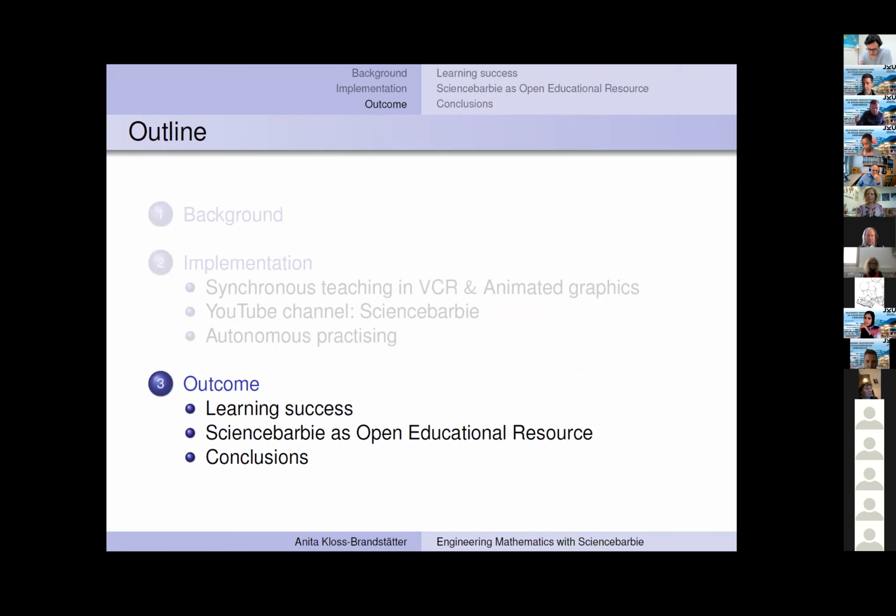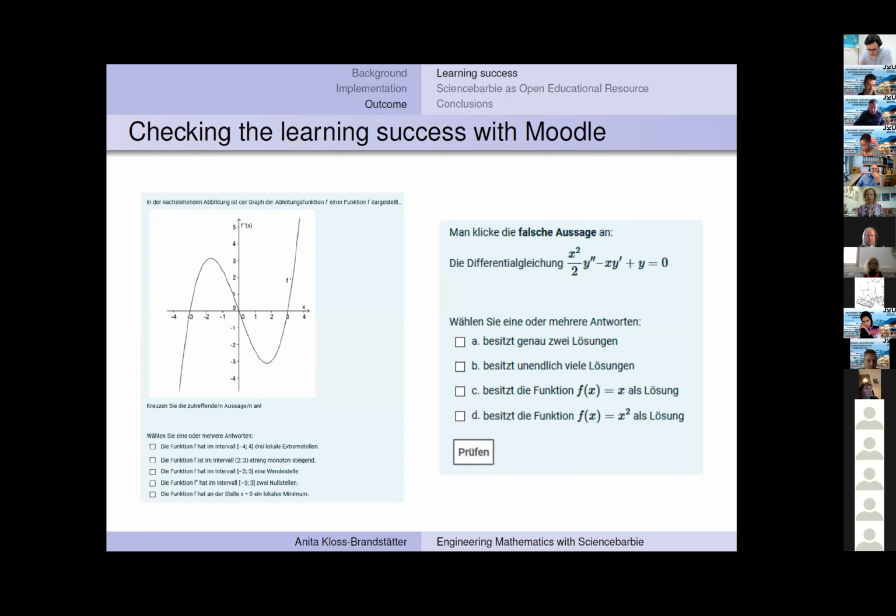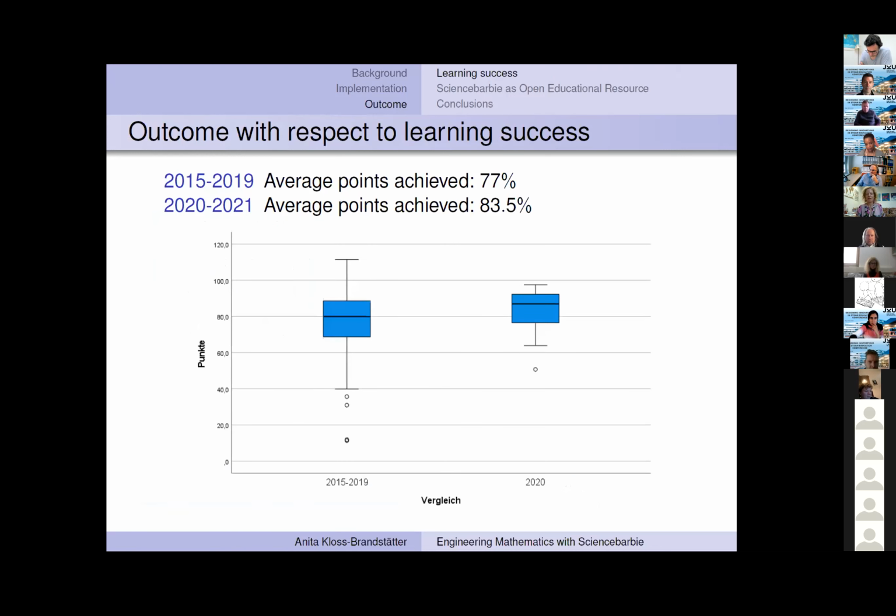Okay, so how do we check the learning success? I created a large database of multiple choice questions in Moodle, where they can check their learning success and where I check the learning success and outcome. And this digital transformation led to a significant increase in their learning success.